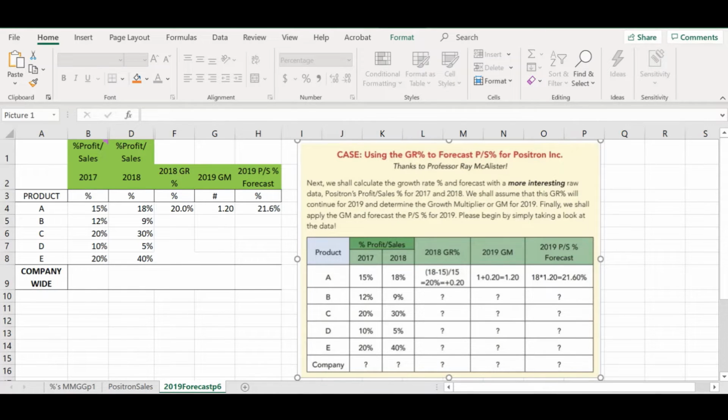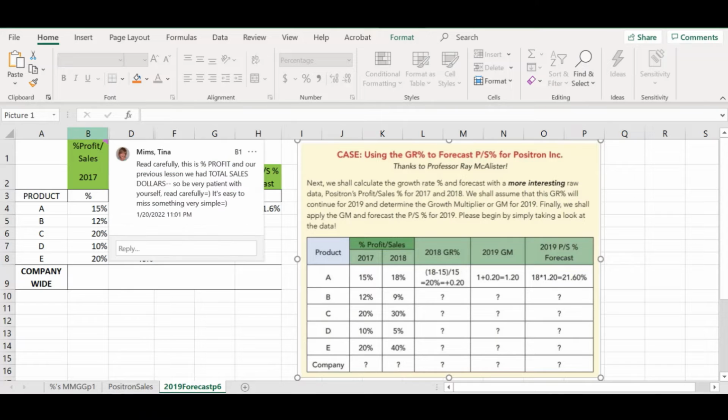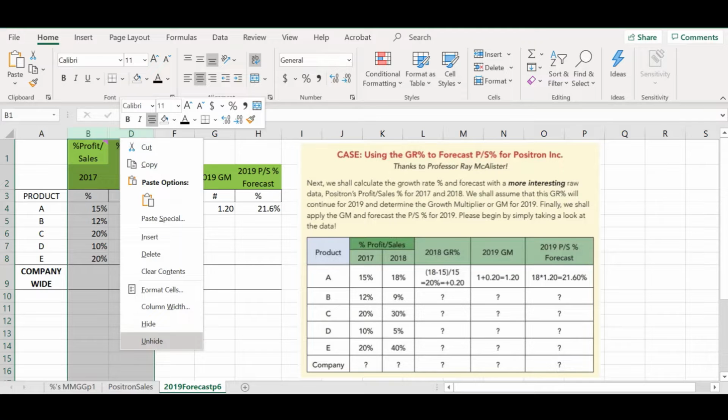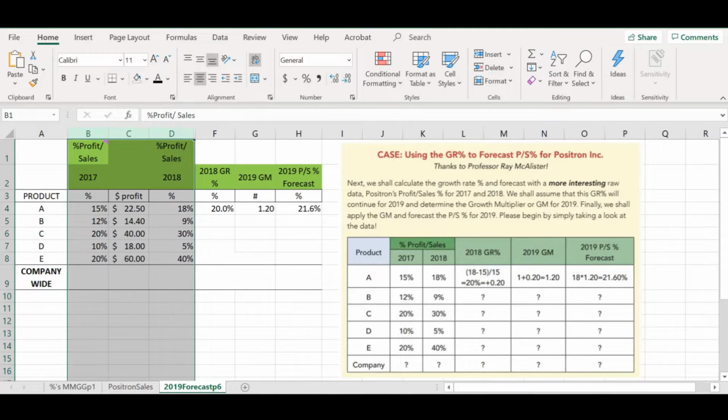Okay, well, what does that mean, Dr. Mims? Well, what that means is we need an extra column here. And I'm going to unhide and show you the column I created to help me with this problem.